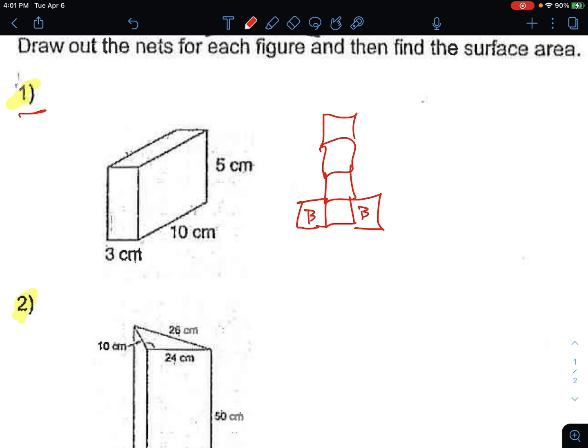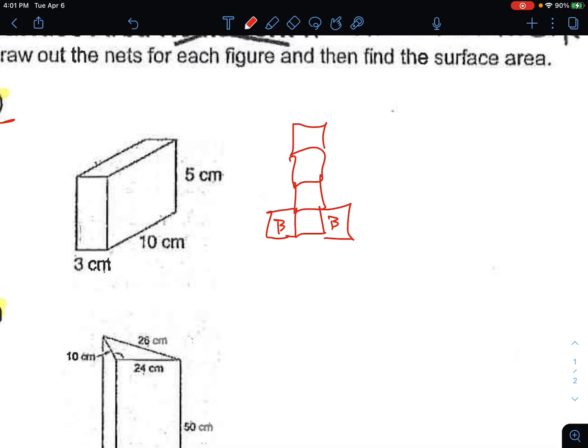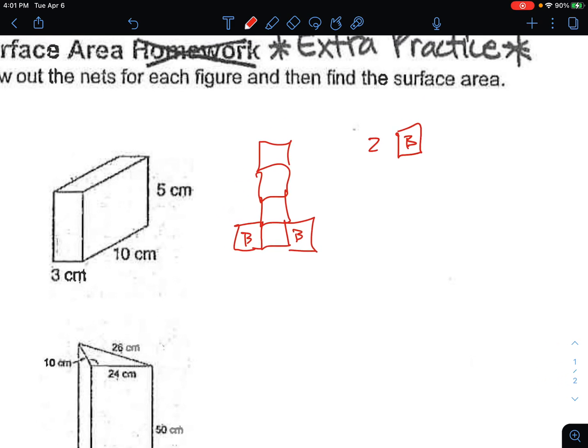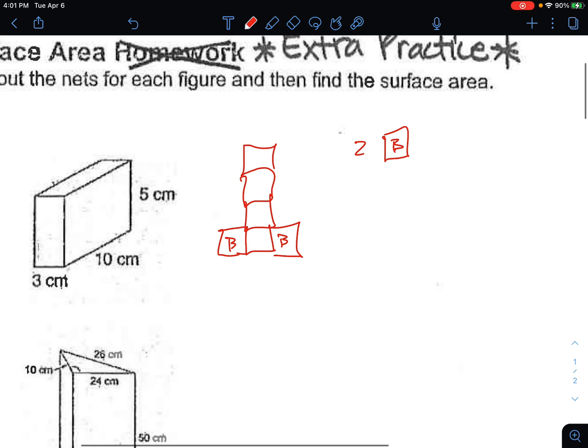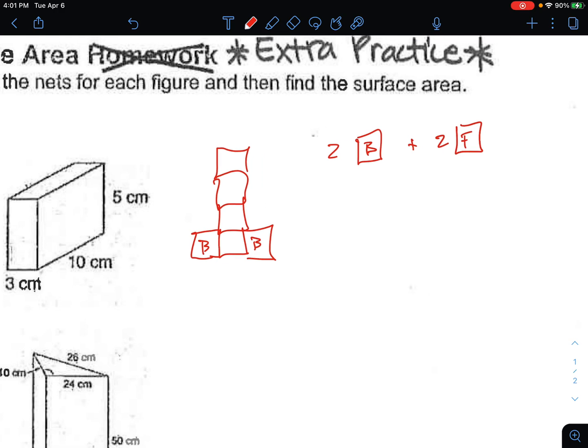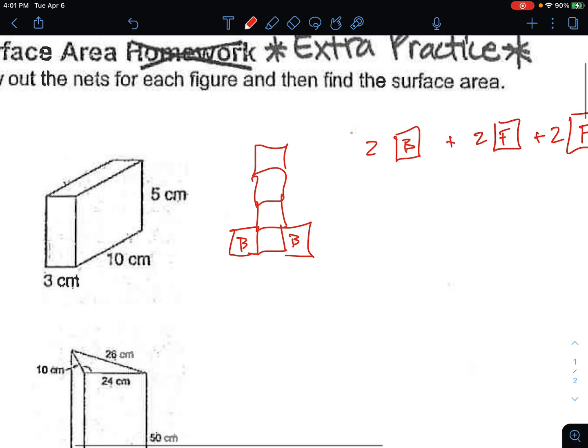I find it helpful to say we've got two bases. I don't know what they are yet, but we've got two bases. And we've also got two more faces, which are going to be equal, like the left and the right, and also the front and the back, or the top and the bottom. So we have another two faces, and so we should maybe put the dimensions there.